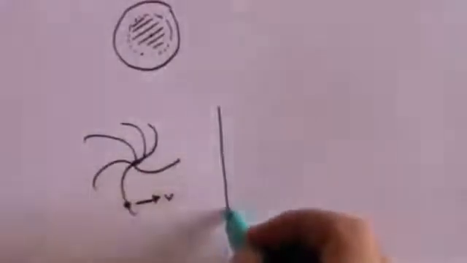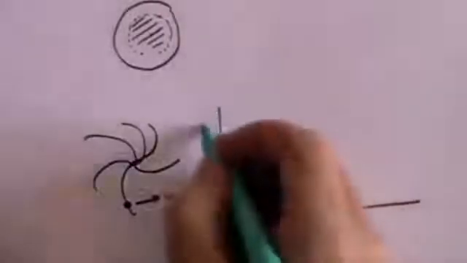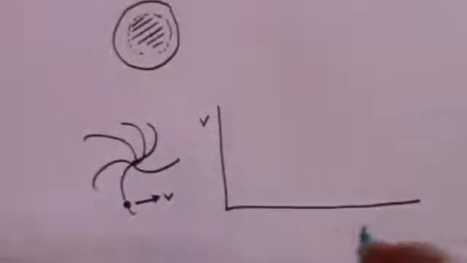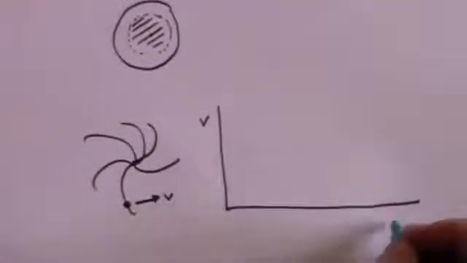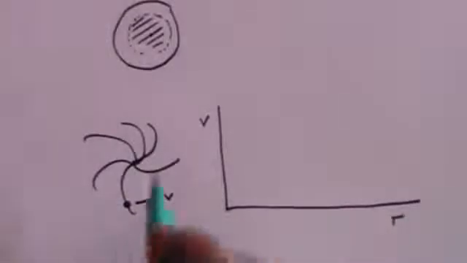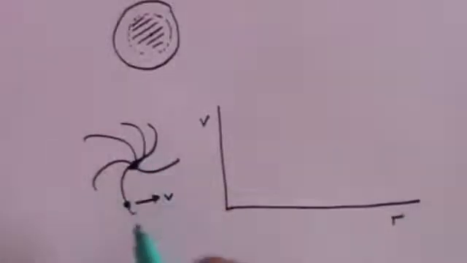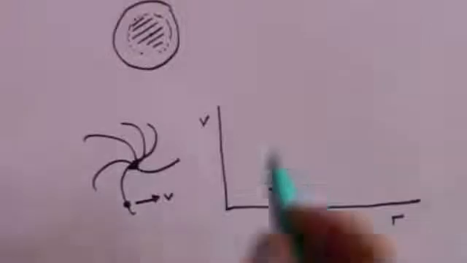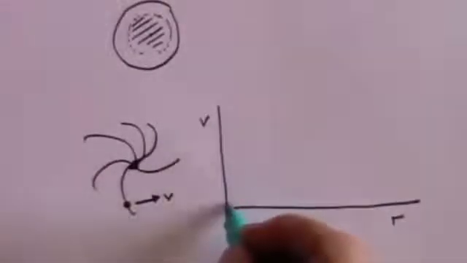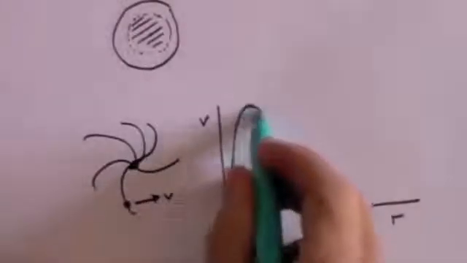Now, you might think that on the basis of what we've just looked at, if you were to plot the velocity of the star, the orbital velocity, against the distance from the centre of the galaxy, then you would see a graph that looks like this.